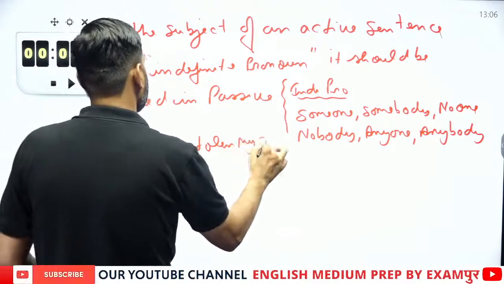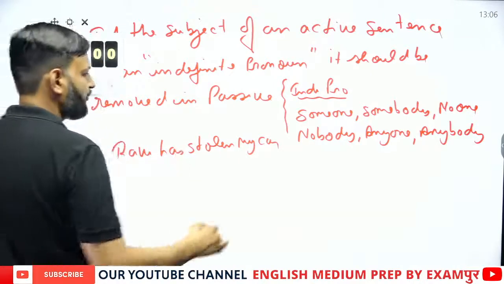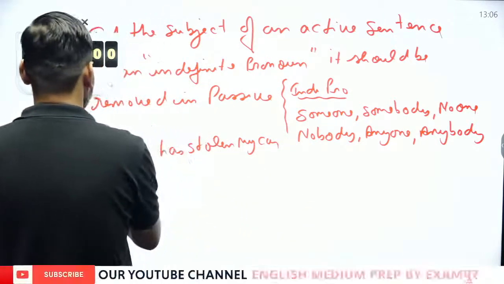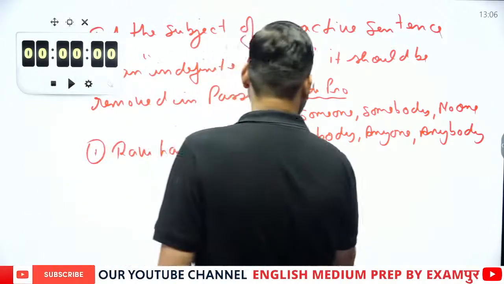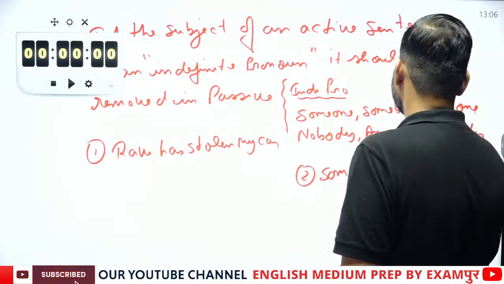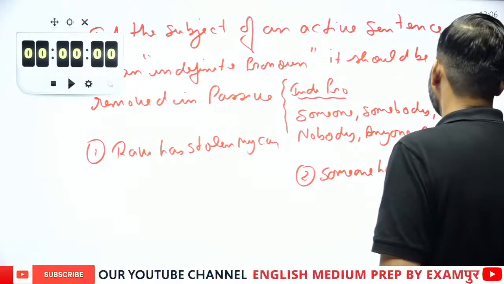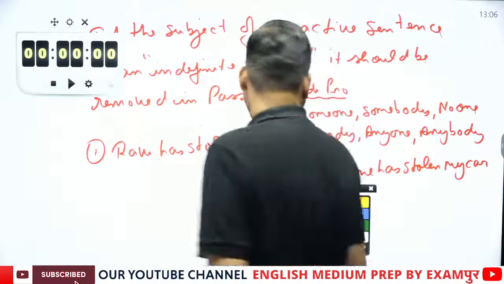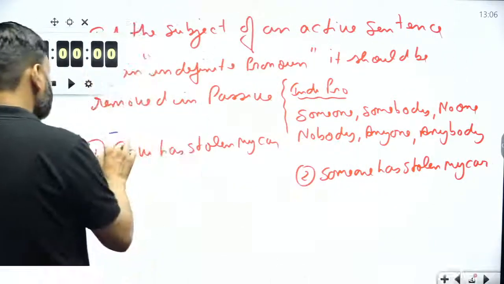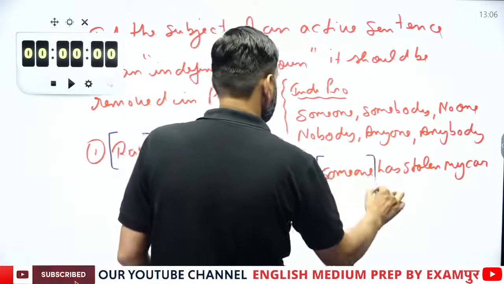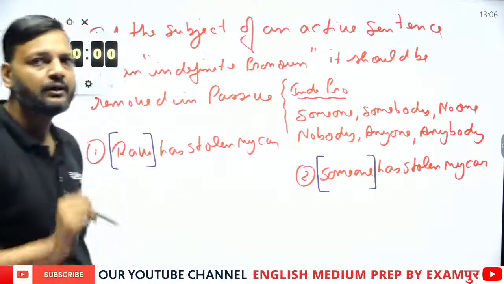stolen my car. Okay, this is one sentence, and one more sentence is there. Someone has stolen my car. Now in the first sentence the subject is Ravi, and in this sentence the subject is someone, which is an indefinite pronoun.